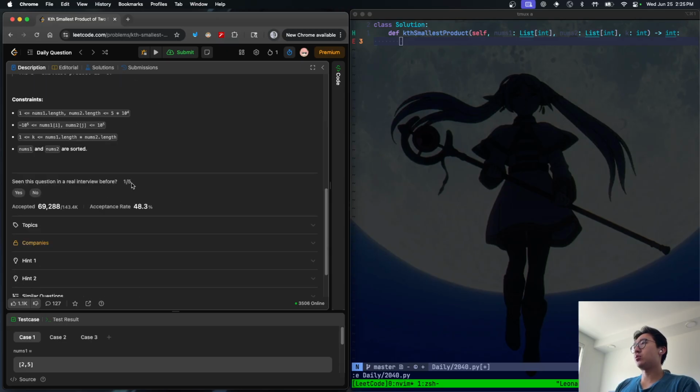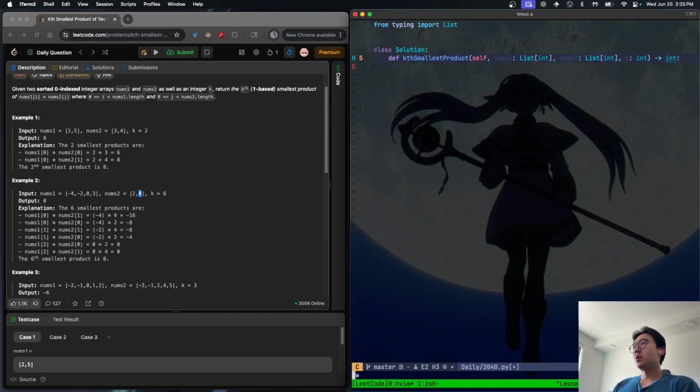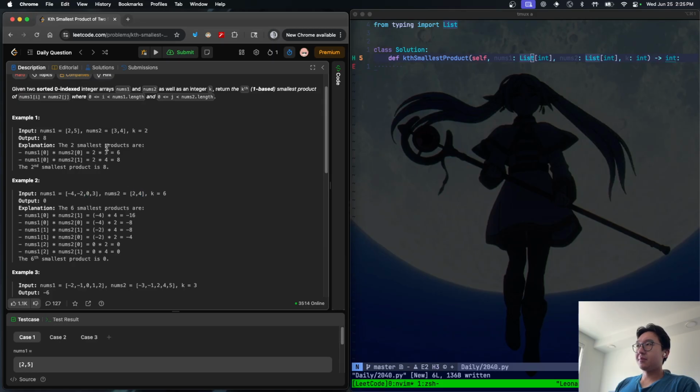Makes it easier because it's sorted, right? So thinking about it, it's gonna be kind of like an offset, I think.